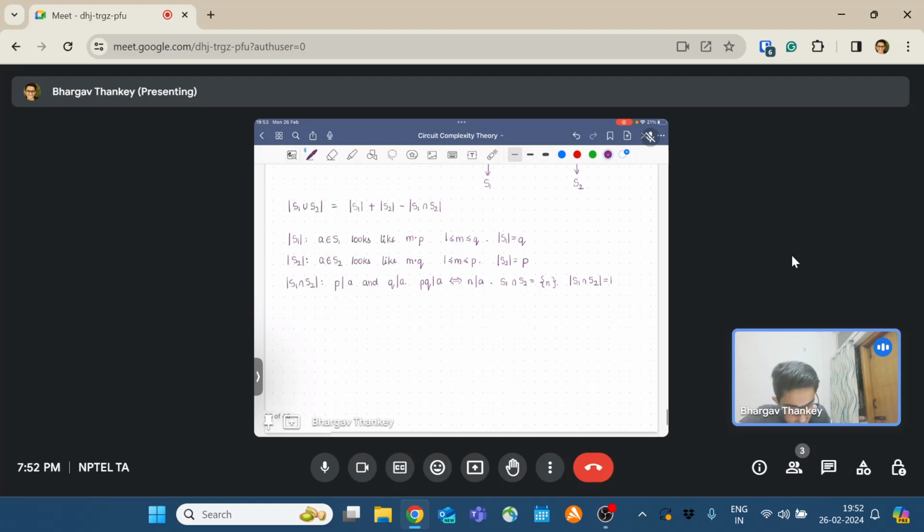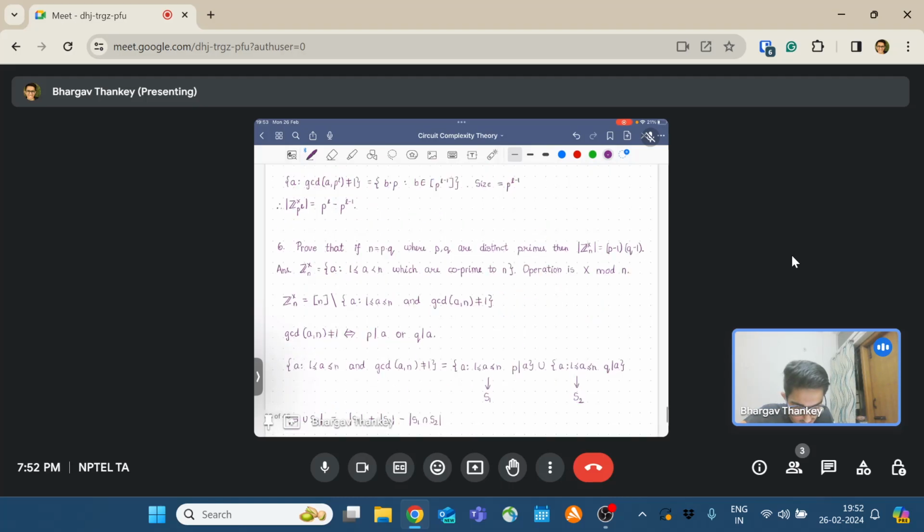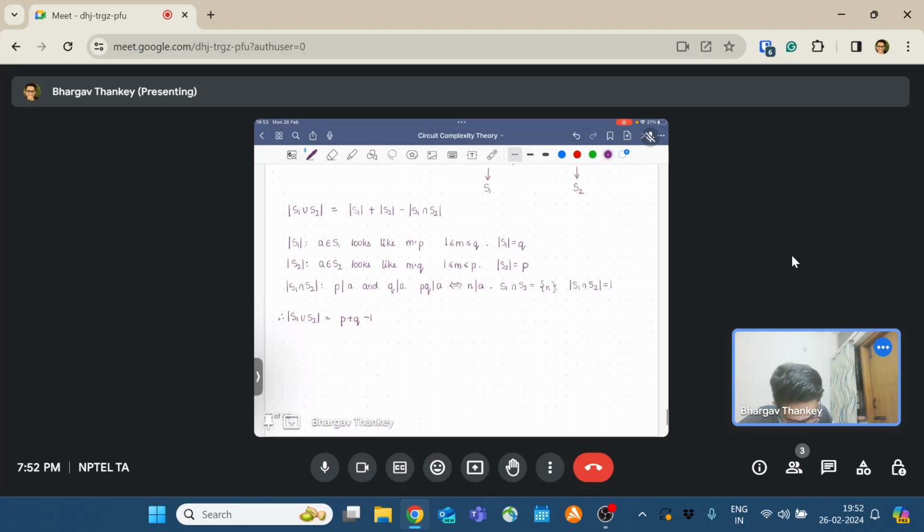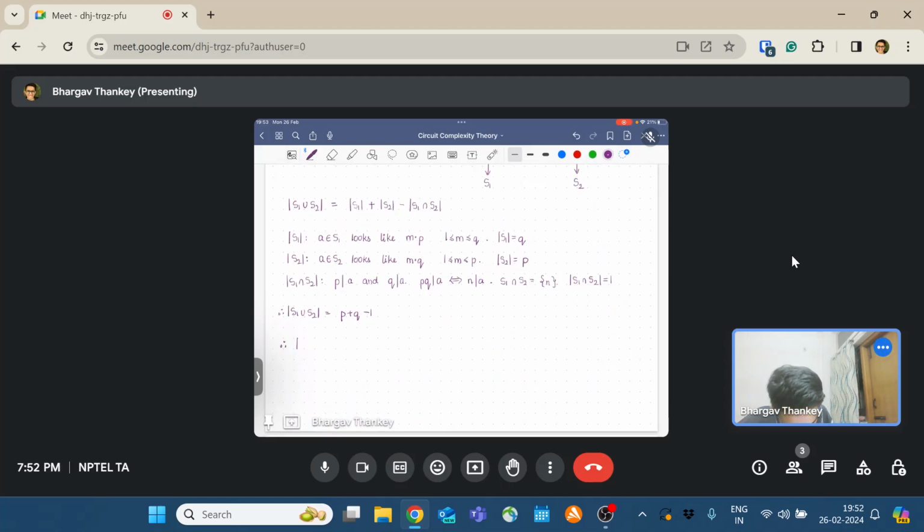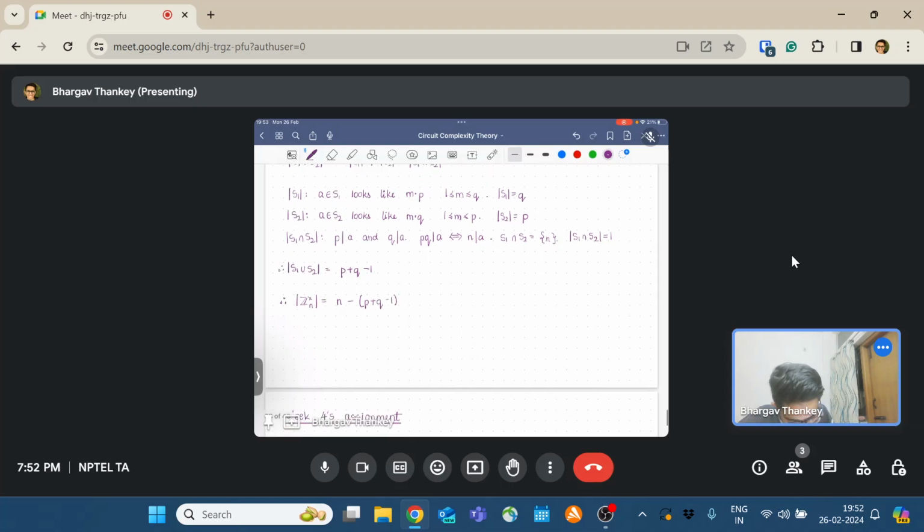Okay, so we know that the size of S1 union S2 is P plus Q minus 1, right? And the size of what remains is N minus this, right? But what is N?